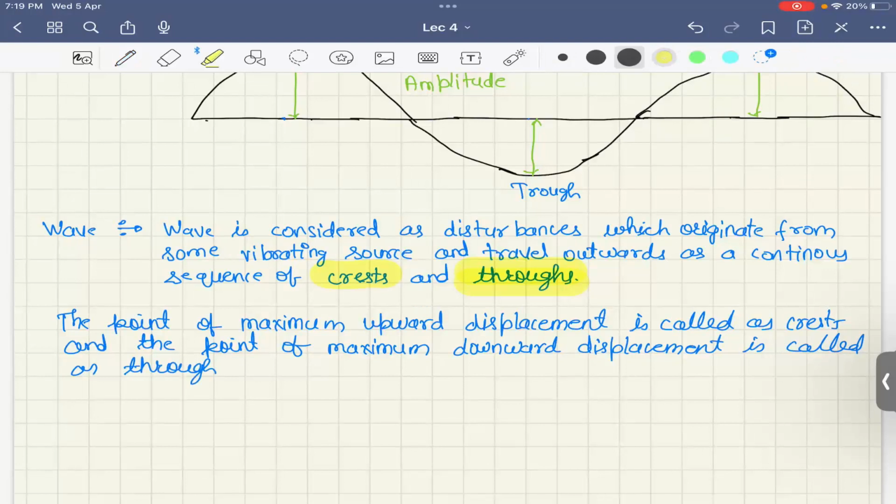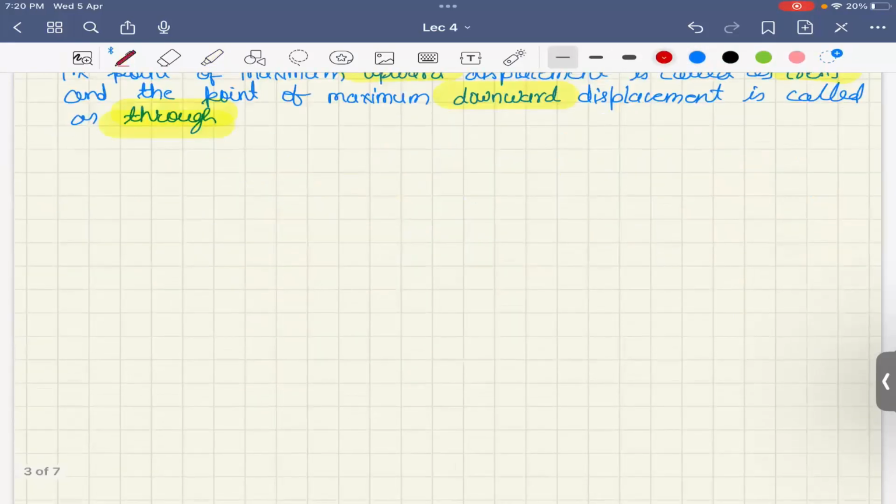Let me highlight: upward is called as crest, whereas downward is called as trough.